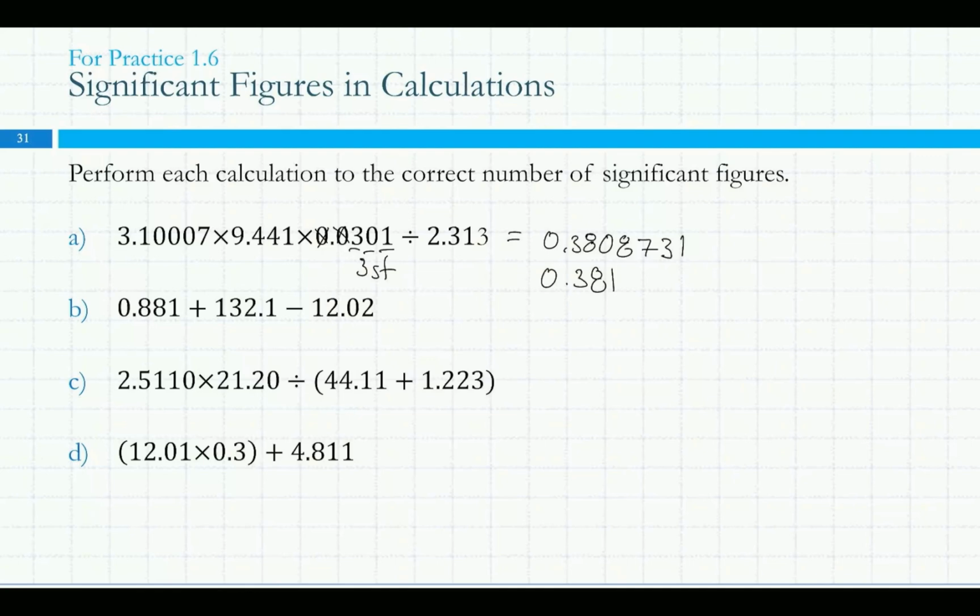Okay, so anybody got B? 133. Yeah. Does everybody agree? 133? Whoops. Yep. Stupid calculator.